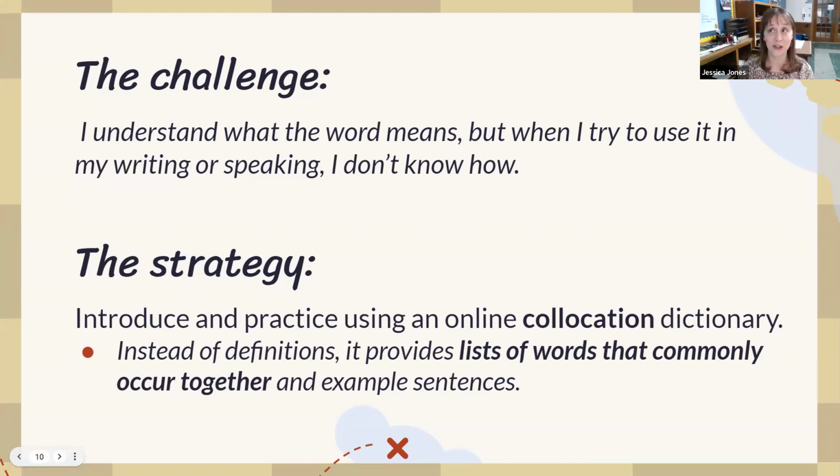So again, this is a strategy to use after students have developed an understanding of the word's meaning. This is a dictionary that provides a list of words that commonly occur together. In other words, they are co-located. And it gives example sentences for those words. Let's take a look at what it looks like.